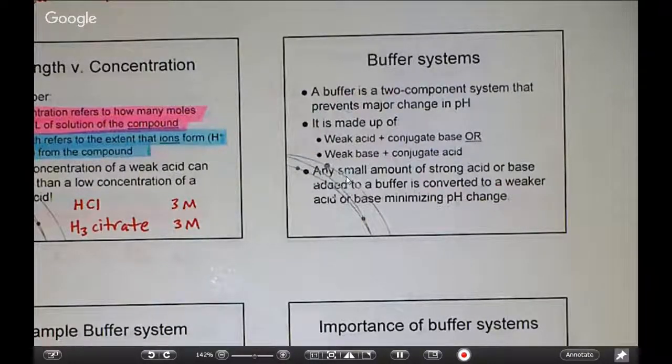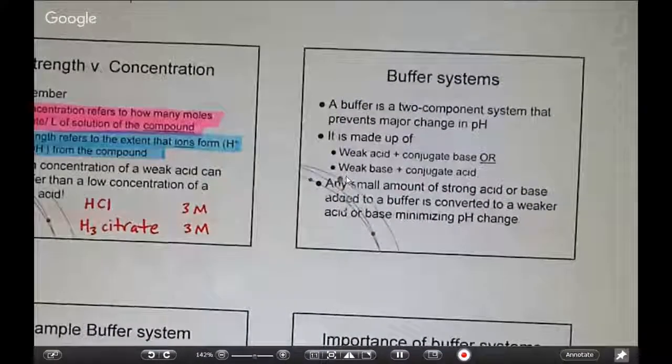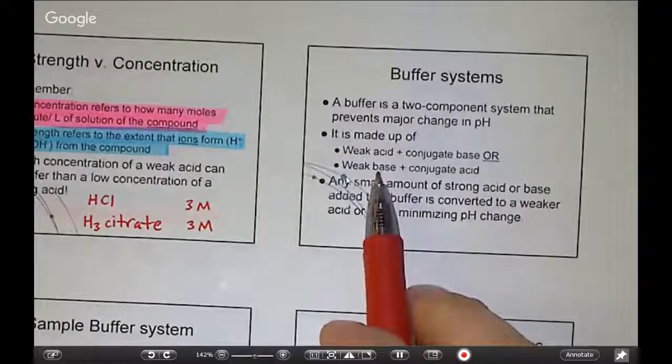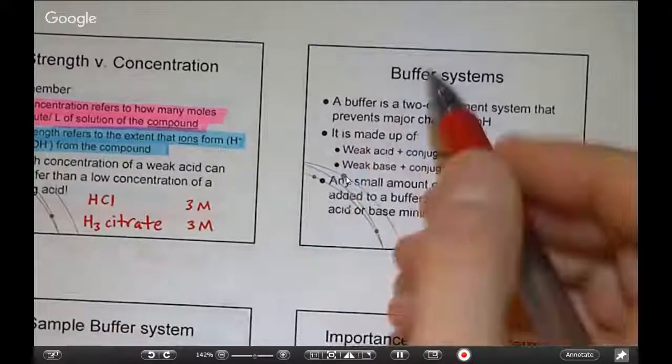A buffer system is a two-component system that prevents major change in pH. The idea here is that your buffer system is made up of either, 1, a weak acid and its conjugate base.